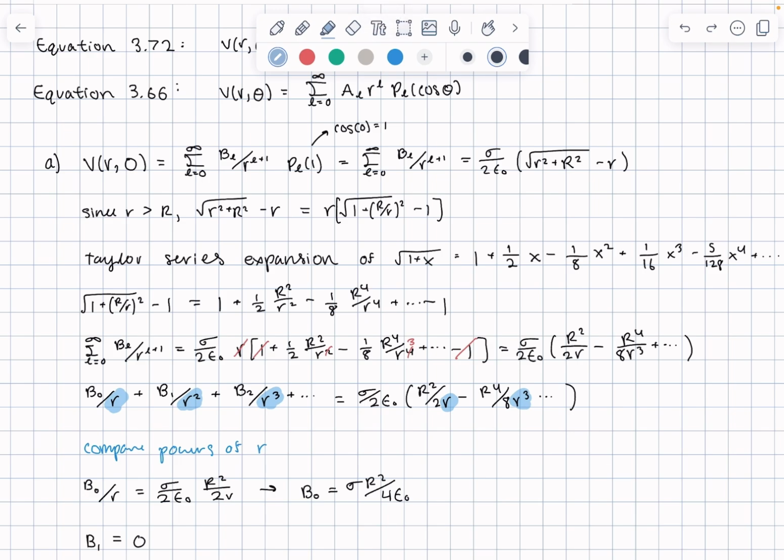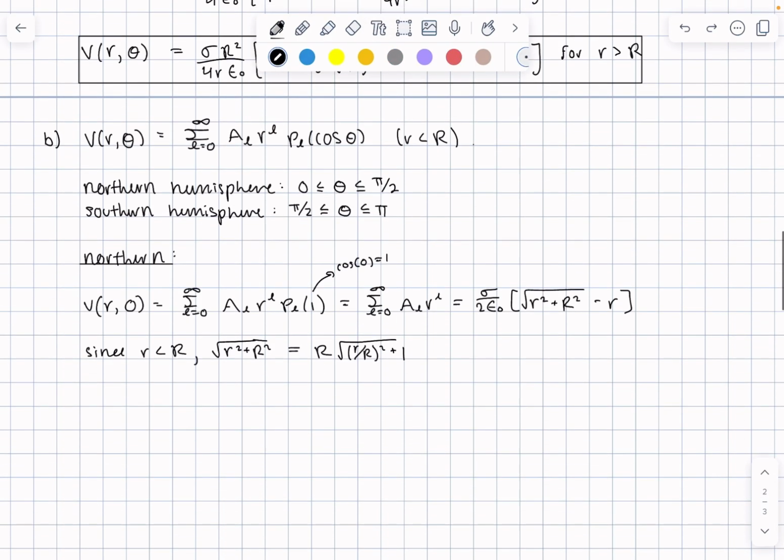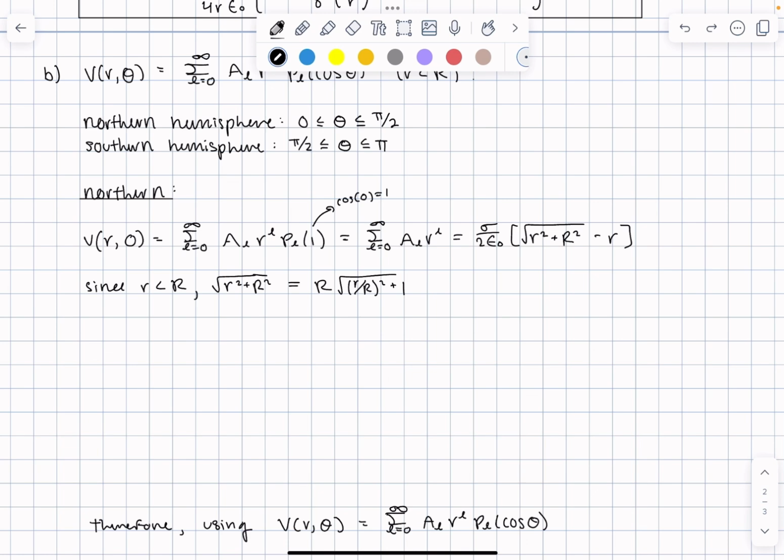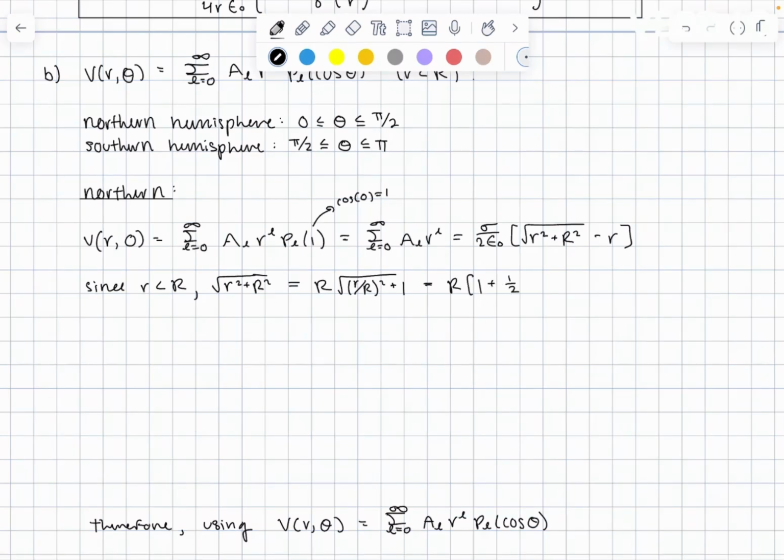And we're basically saying that little r over big R squared, we're plugging in for x. So then we can just say that this is equal to R times 1 plus 1/2 r over big R squared minus 1/8 little r over big R to the 4, continuing.